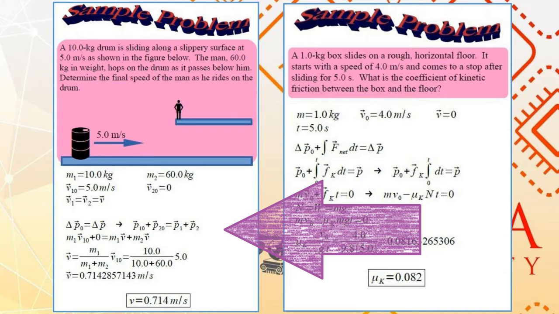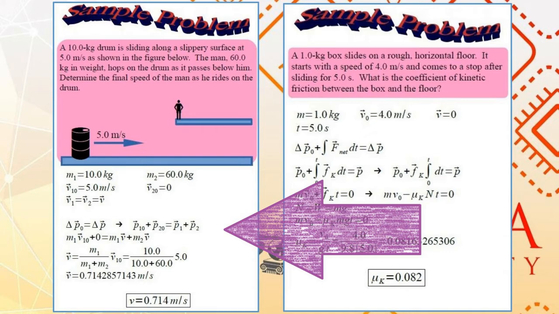Now, conservation of momentum tells us that the initial momentum is equal to the final momentum. Initial momentum, the drum is moving at 5 meters per second, the man is just standing on the ledge. Final momentum, the man is on the drum and is riding it. They both have the same final velocity. So initial momentum, you have two objects, m1 and m2, so you have p1 initial and p2 initial.